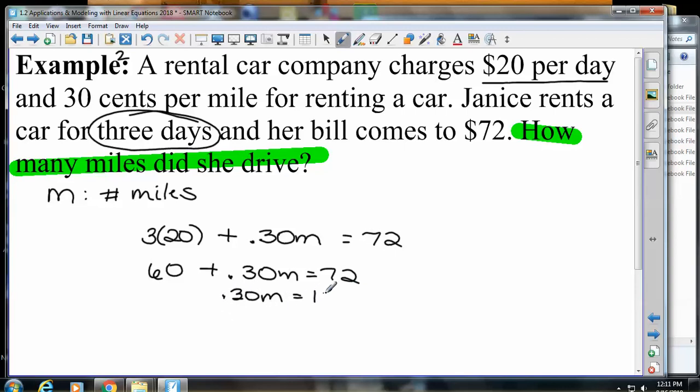And now we can solve this equation. Subtract our 60. Divide by 0.3. Remember, there's calculators over there. You can grab one at any time. Tell me what you get.